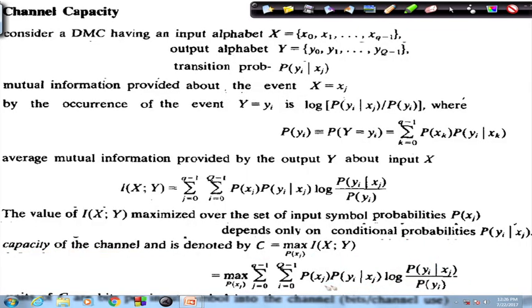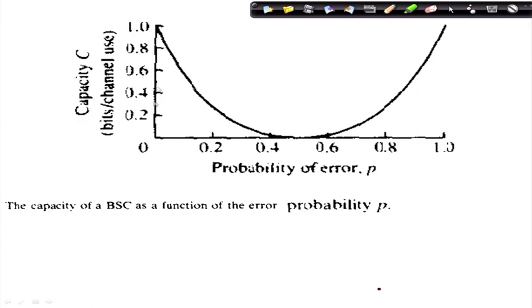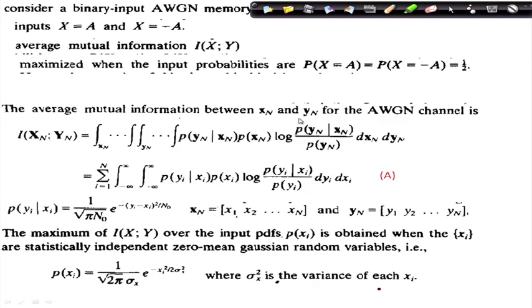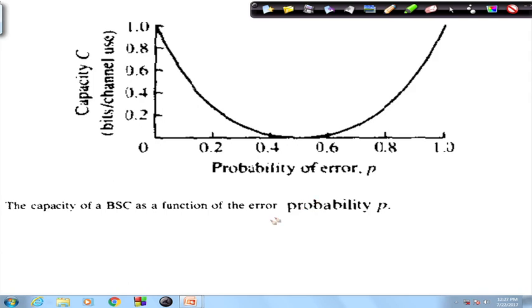Once you compute this, the end result that you would get is that the channel capacity would turn out to be minimum for the case where your P is half. That means, you have the channel capacity for P, remember it is the transition probabilities.